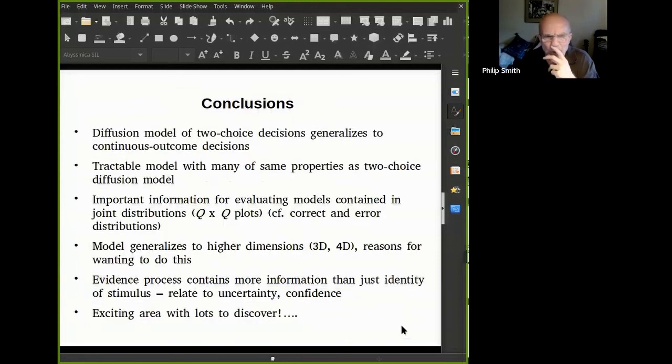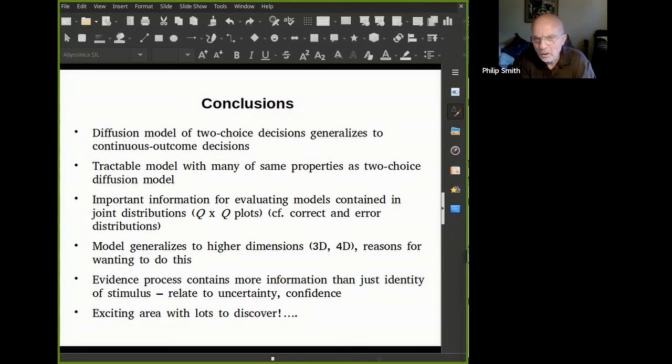So to conclude then, what I've done is shown that the diffusion model for two-choice decisions can generalize in a very natural way to continuous outcome decisions. And it gives you a tractable model which has many of the same properties as the two-choice diffusion model, which have been successful in accounting for two-choice data.